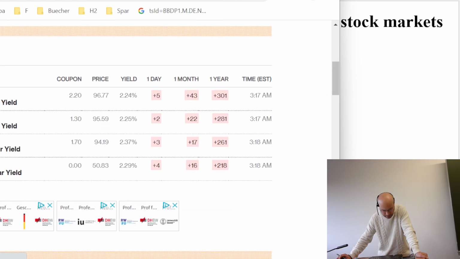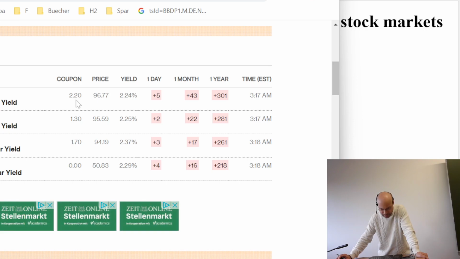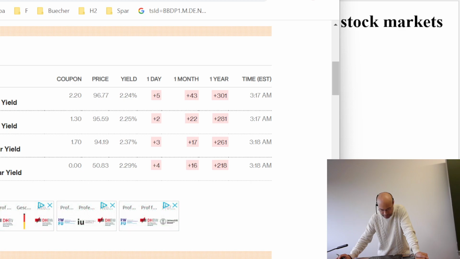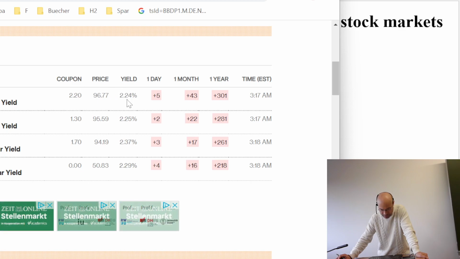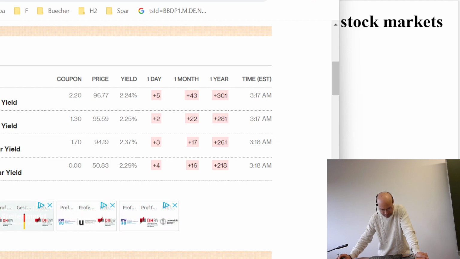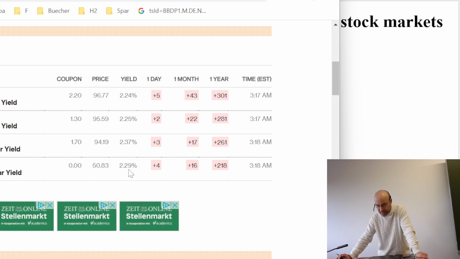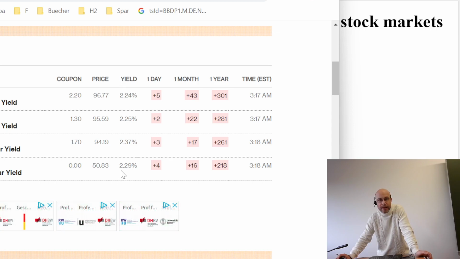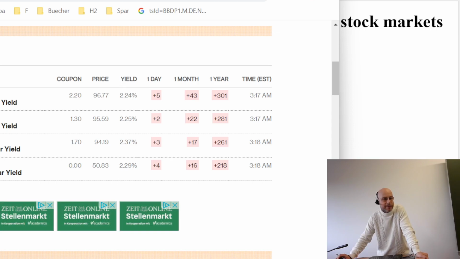No picture, but here you see 2 years, 5 years, 10 years, 30 years, and here you have your yield, 2% and a bit higher, and for 30 years even a bit lower. So this is today's yield curve for Germany.